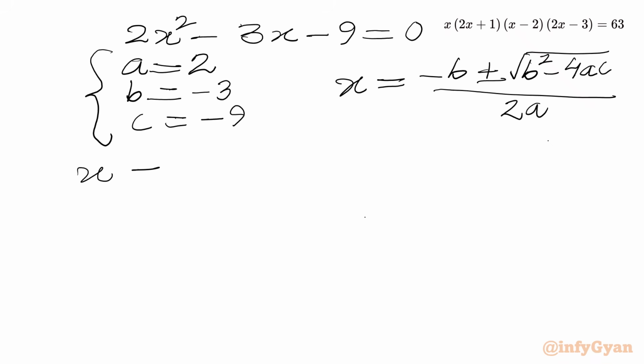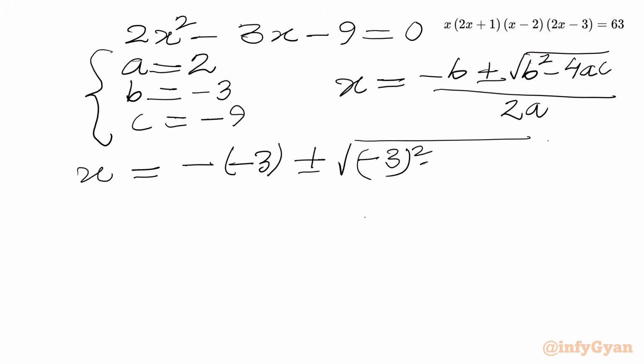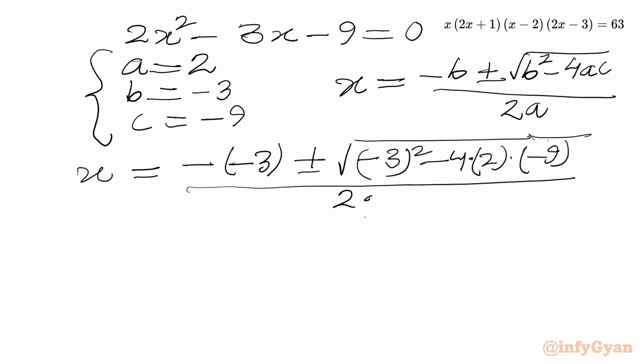We will get x equal to minus b. So minus of minus 3 plus minus square root of b square, which will be minus 3 square, minus 4 times a is 2, c is negative 9, over 2 times 2, which will be equal to 3 plus minus square root of 9.